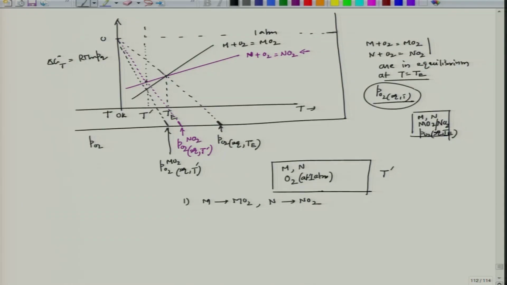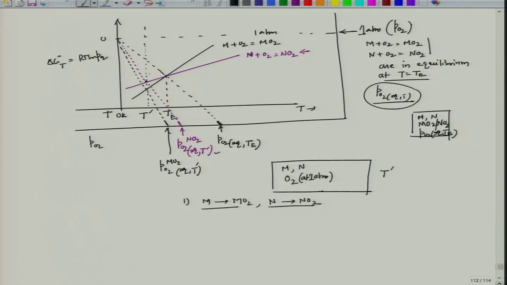This is the 1 atmosphere PO2. Okay. So, now we could see that partial pressure of PO2 for MO2 or the formation of MO2 at T prime is less than 1 atmosphere of partial oxygen, and even PO2 for N oxidation or NO2 formation at T prime, this is also less. So, both these oxidations will start.